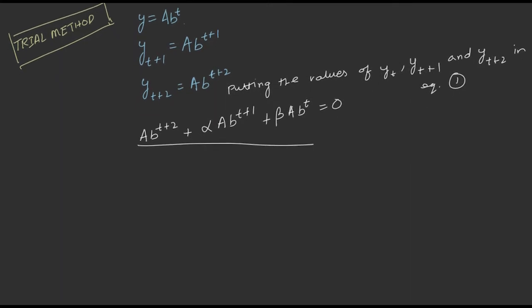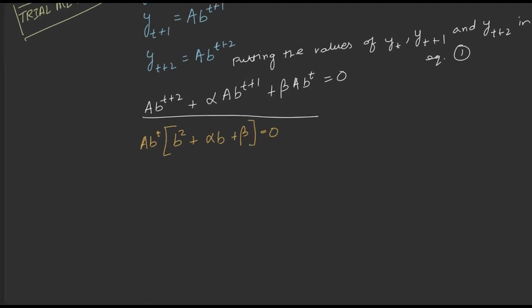Now we can take a b to the power t common. If we take it common, then b square plus alpha b plus beta equals 0, and we get a quadratic form, right?